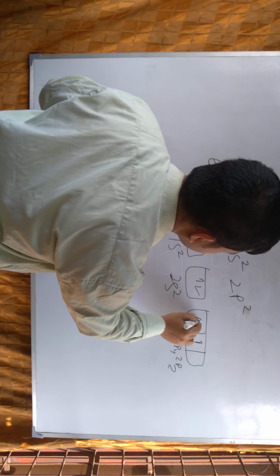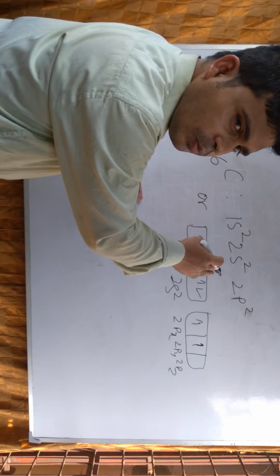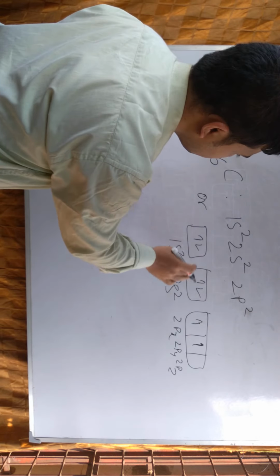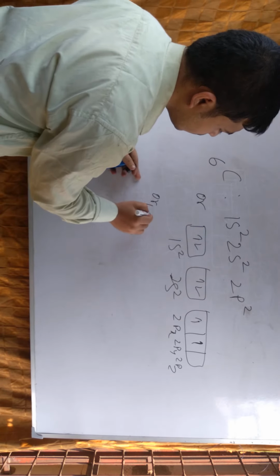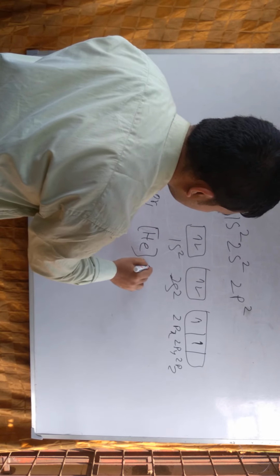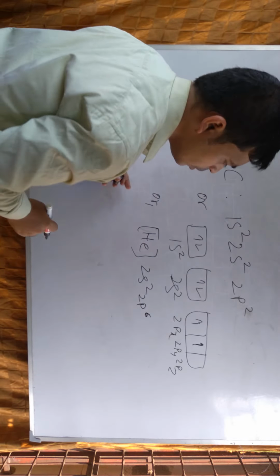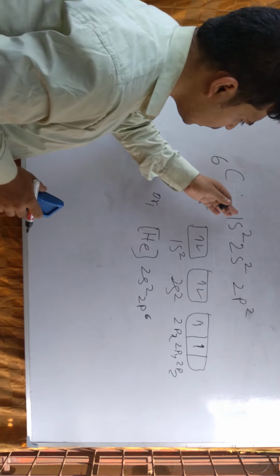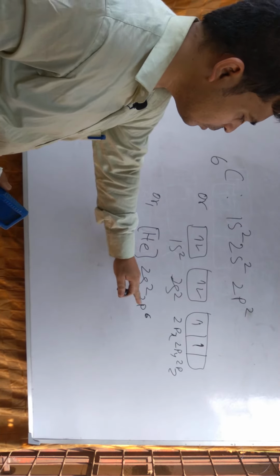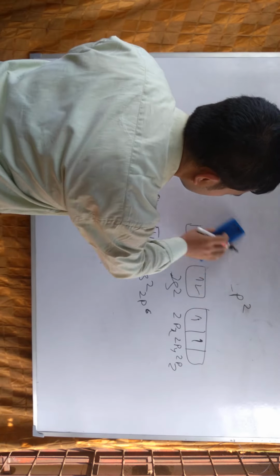So we can write the electronic configuration first this way, then by orbital diagram, or by using the inert gas in the inner core: helium, 2s2 and 2p2. So we can write the electronic configuration of carbon in any of these ways. This is a very short configuration: helium, then 2s2 and 2p2.